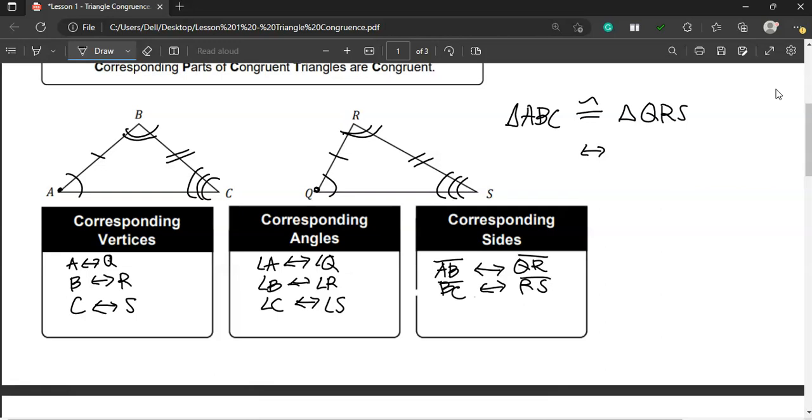It shouldn't be AB corresponds to RQ, because that would only mean that A corresponds to R, and that's not what it's like in here. So again, AB corresponds to QR and BC corresponds to RS. And finally, AC corresponds to QS.